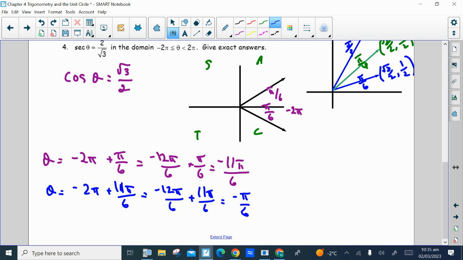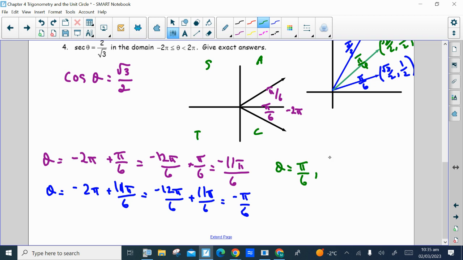But now we have to get the ones between 0 and positive 2 pi. The first one would be pi on 6, positive. So that's the rotation angle in the first quadrant, starting at 0 now instead of starting at negative 2 pi, as well as the one in quadrant 4, starting at 0. Again, that is 1 pi on 6 short of a complete rotation, which would be 12 pi on 6s.